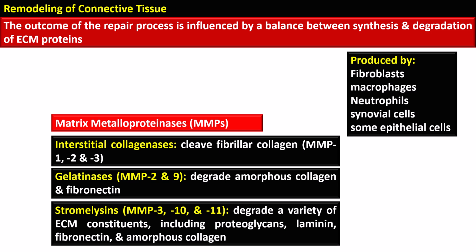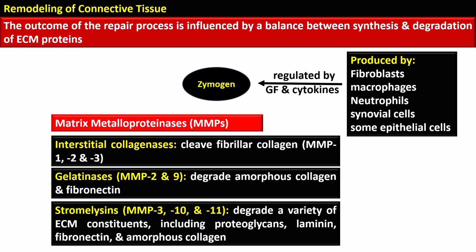Stromelysins, that are MMP3, 10, and 11, break down proteoglycans, laminin, fibronectin, and amorphous collagen. Their production is regulated by cytokines, growth factors, and signaling molecules.